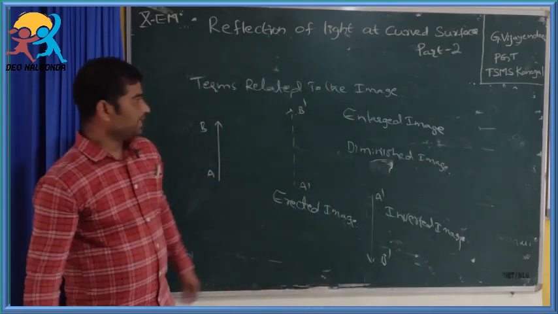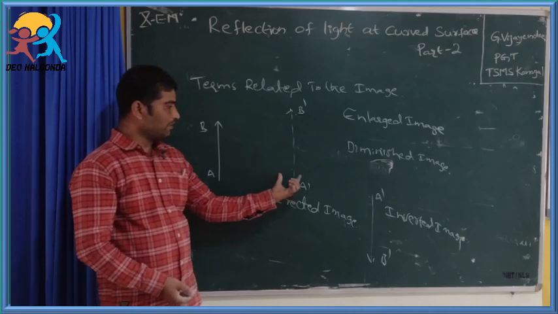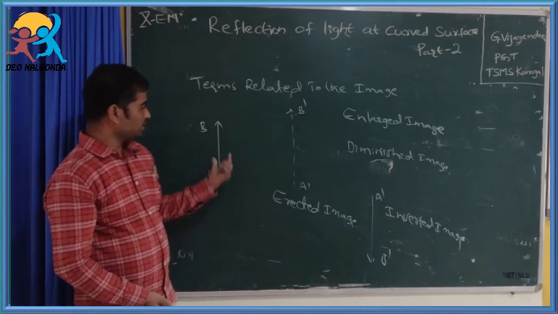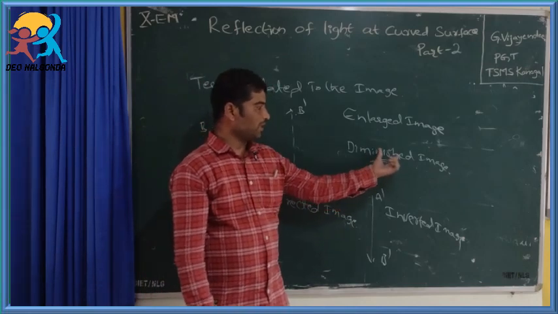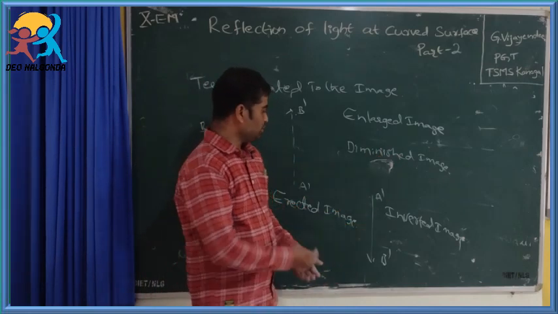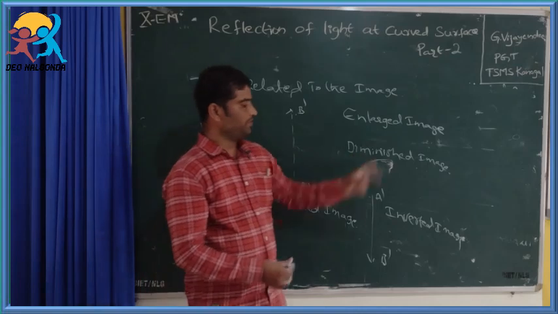Enlarged means the size of the image is more than the size of the object. Diminished means the size of the image is smaller than the object.